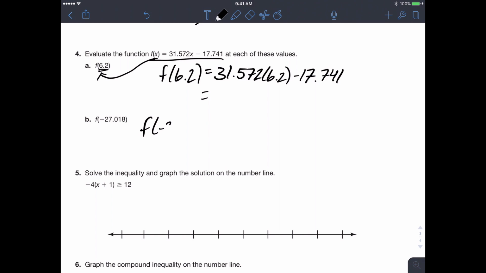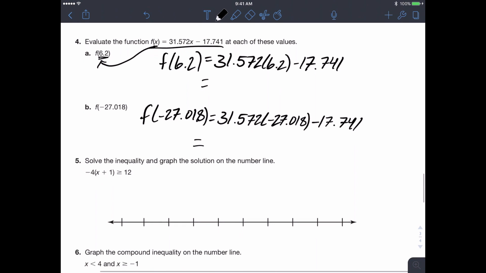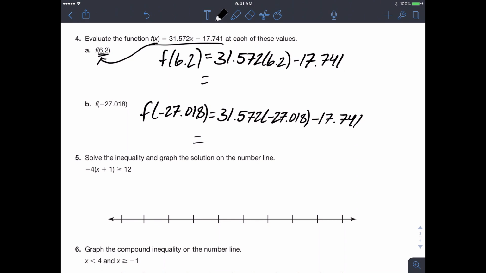F of negative 27.018 equals, again, 31.572 times negative 27.018 minus 17.741. Do the math, get a number. Okay, these are easy. These are what's called plug and chug.